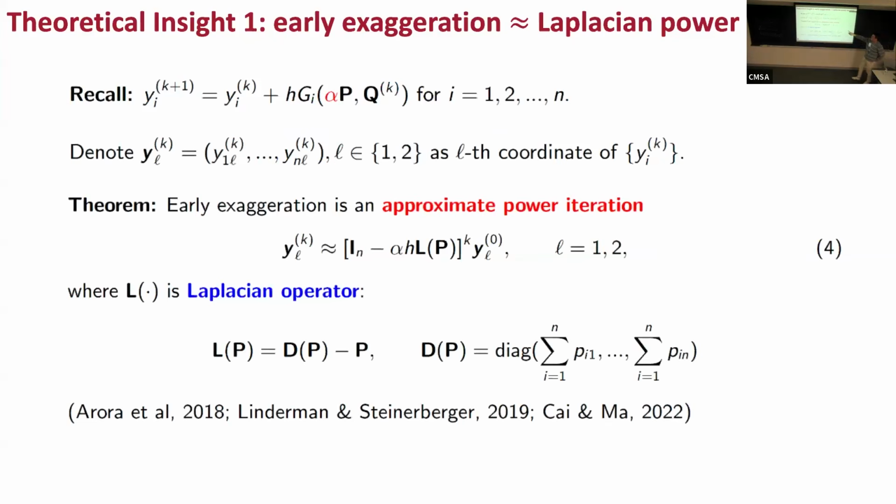So once we know that, we have this approximation, because power iteration is well understood and the Laplacian operator is also well understood. In that case, we can analyze the asymptotic behavior of early exaggeration just through this approximation. However, you may wonder how this is related to their steps 1 and 2, right?